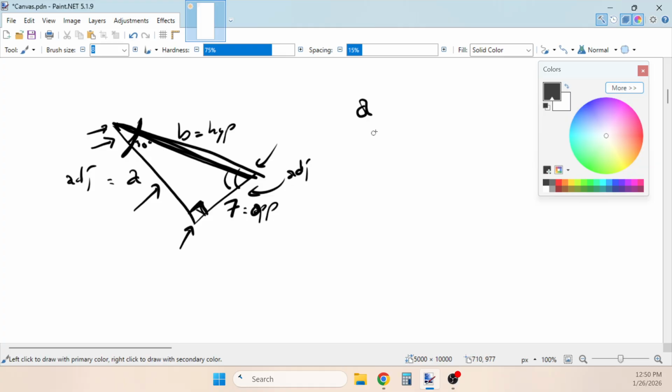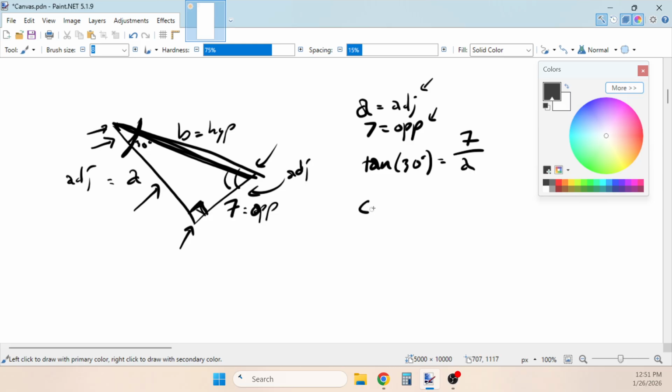So if I want to find A, for instance, I know that this is a 30-degree angle, and I also know that A is the adjacent. I know that 7 is the opposite. So I think about, well, what trig function uses the adjacent and the opposite? And I go, oh, well, tangent is going to be opposite over the adjacent.